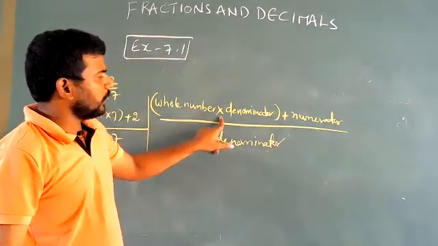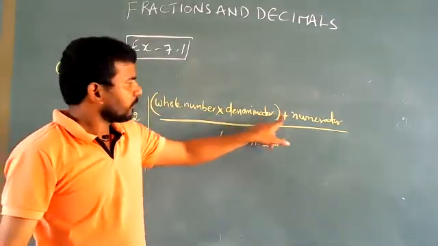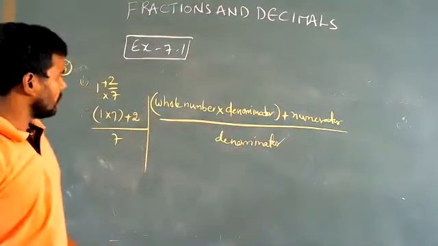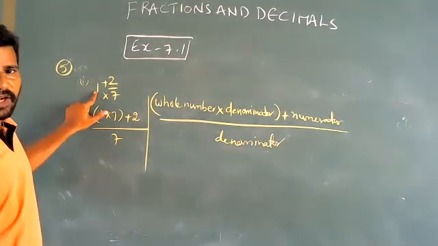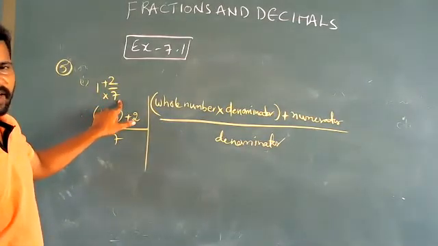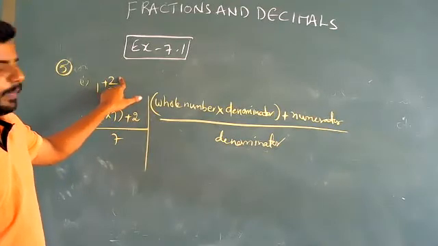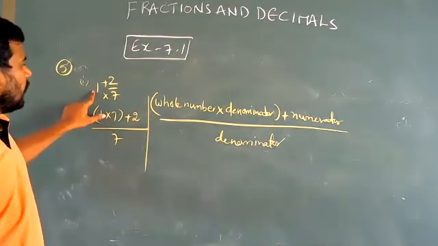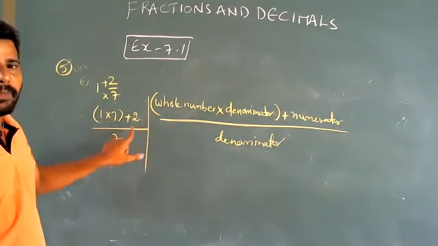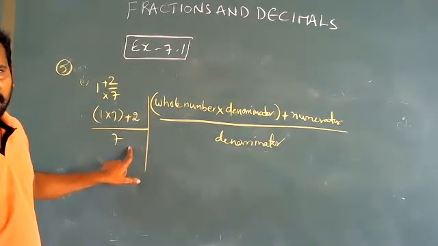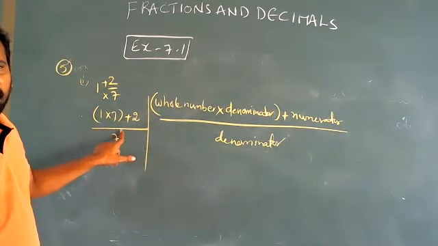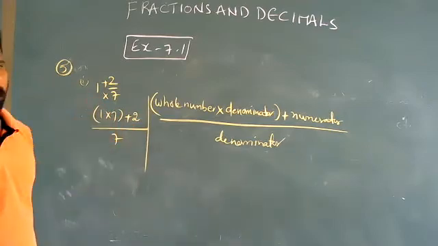Here 1 is the whole number, 7 is the denominator, and 2 is the numerator. That means whole number into denominator plus numerator by denominator. Once again, children, whole number into denominator plus numerator by denominator.